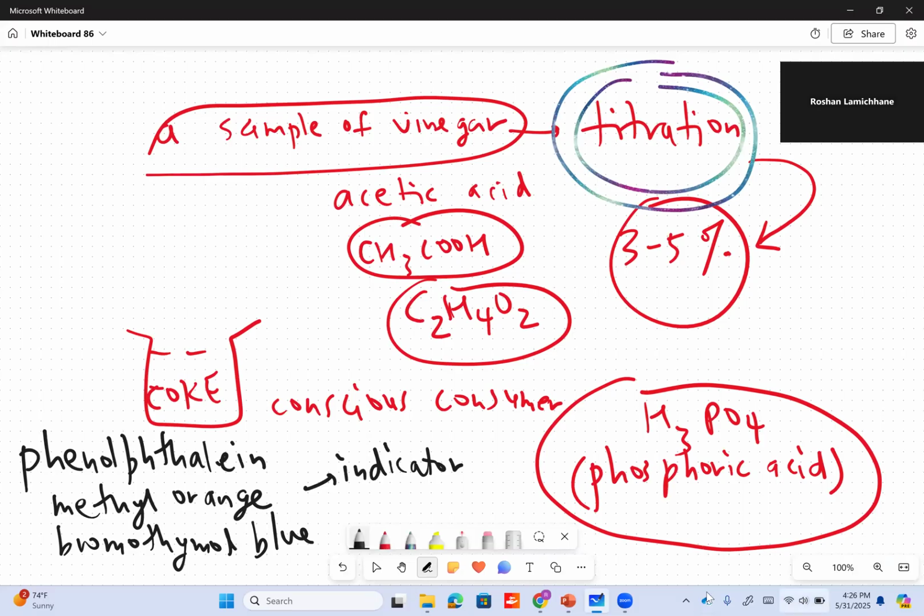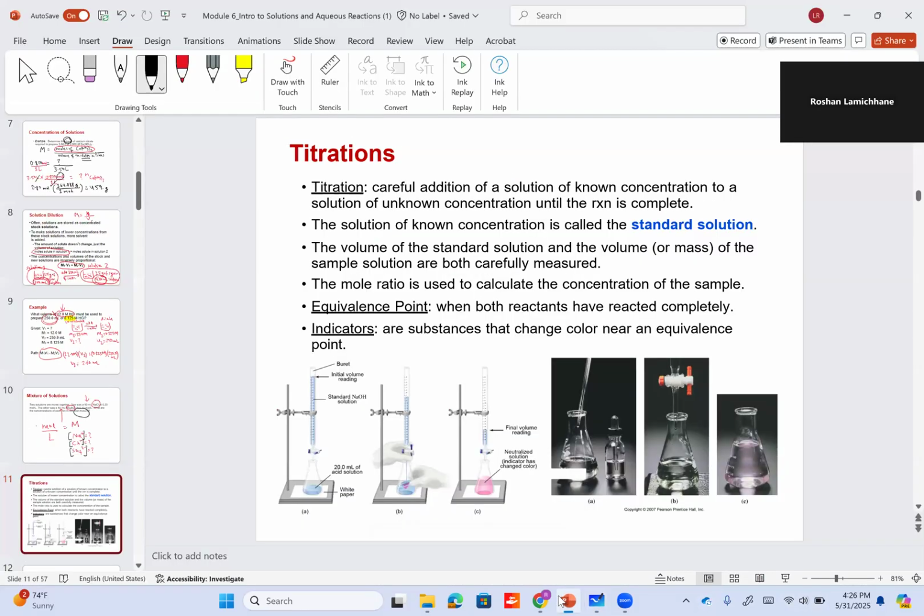So why are we adding the indicator? Because whenever you add an indicator, and you have one reactant in the burette and the other reactant in the flask, when they have both reacted completely, one extra drop will change the color, and that's how we know that both reactants have reacted completely.